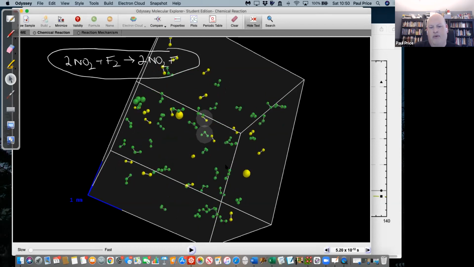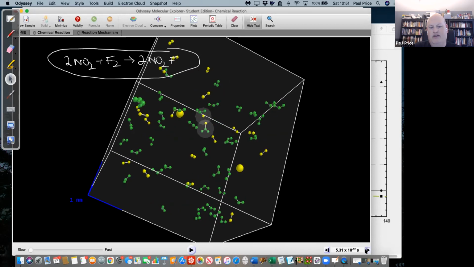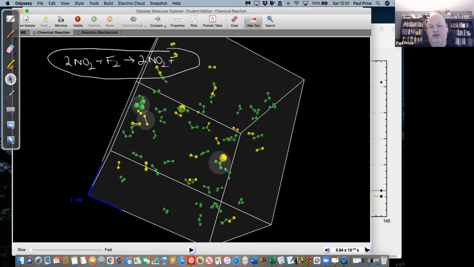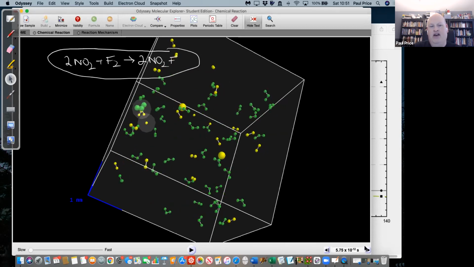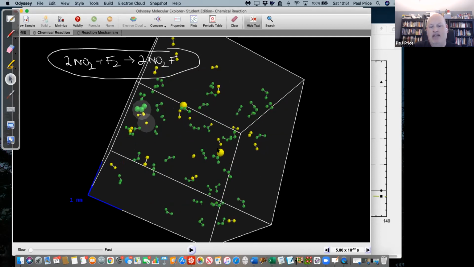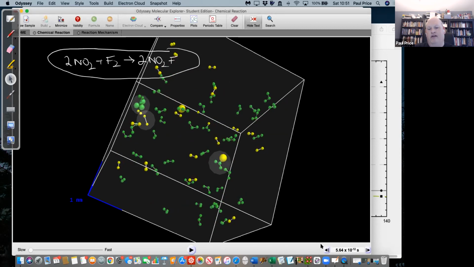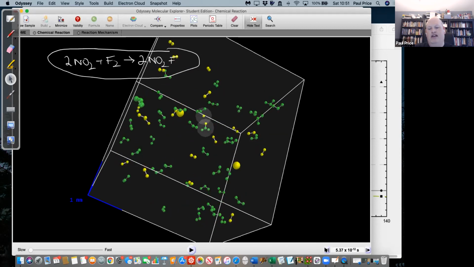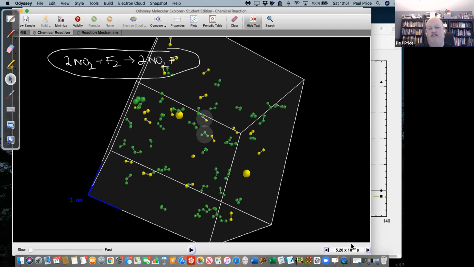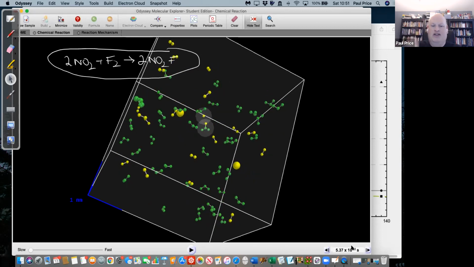Right here, it collides with an NO2, and became an NO2F. So there it is, an NO2 with an F atom, and it became an NO2F.